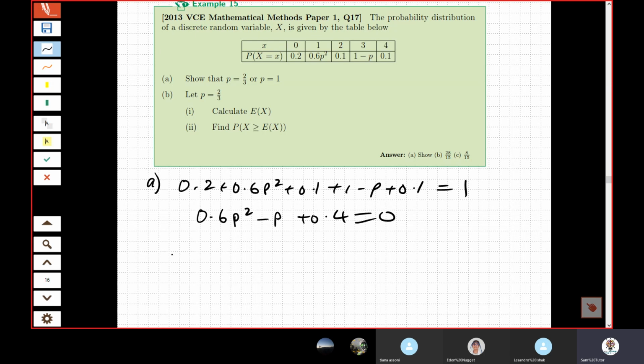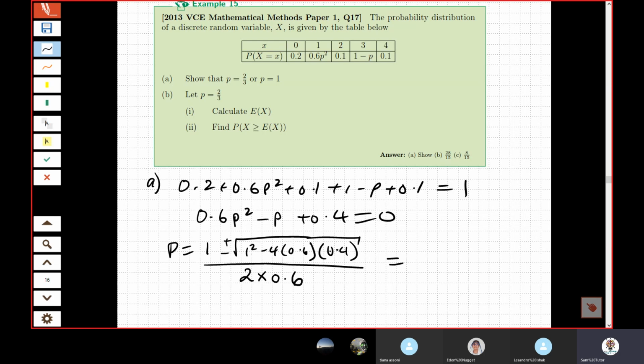Go and jump straight into your quadratic formula. P equals minus b plus or minus the square root of b squared minus 4 times a times c, all over 2 times a. Fingers crossed you get 2/3 and 1. So let's see.